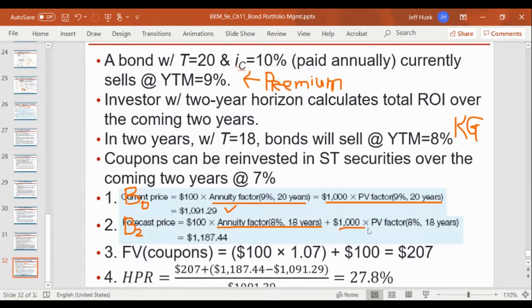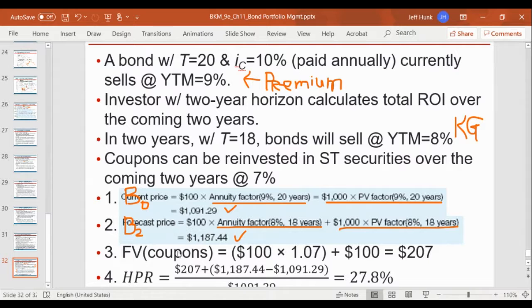And then again, using that factor, we get 1,187.44.